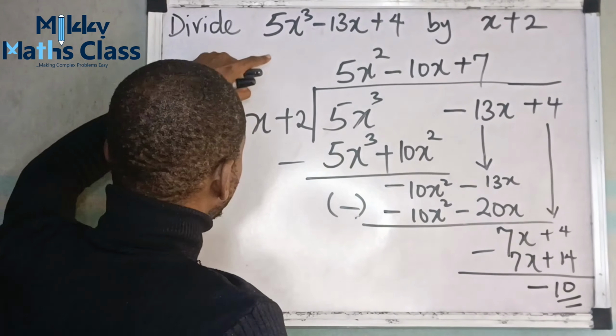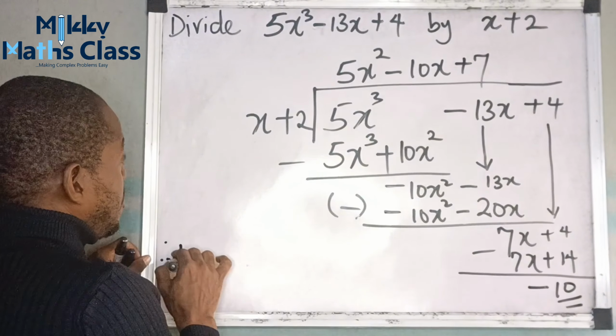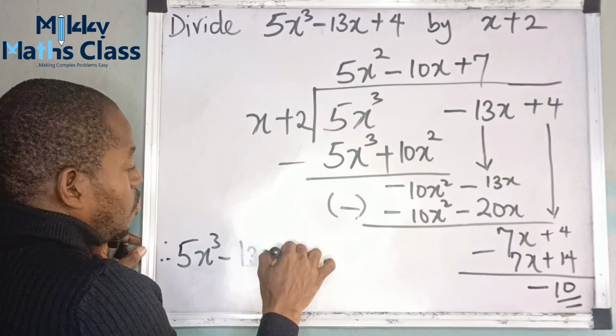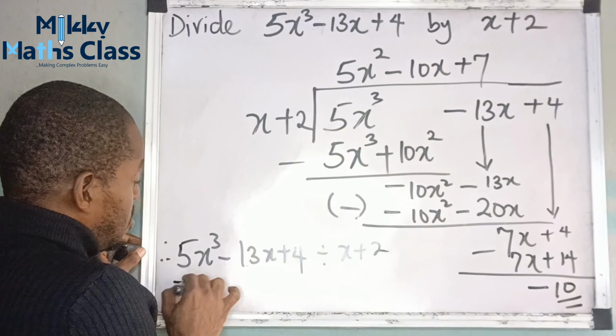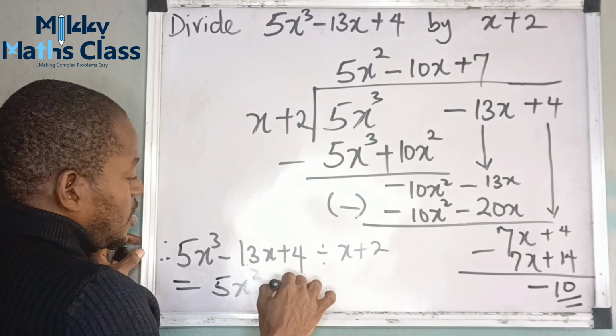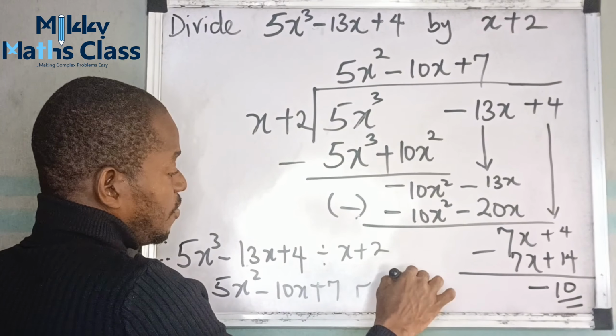So the answer when 5x to the power of 3 minus 13x plus 4 is divided by x plus 2 will give us 5x squared minus 10x plus 7, remainder negative 10.